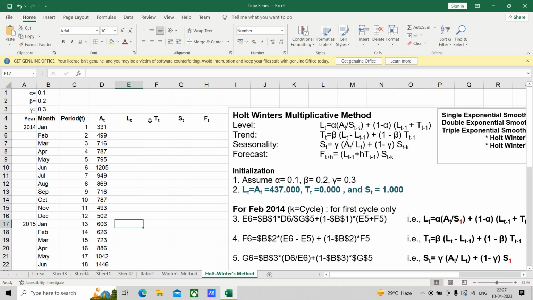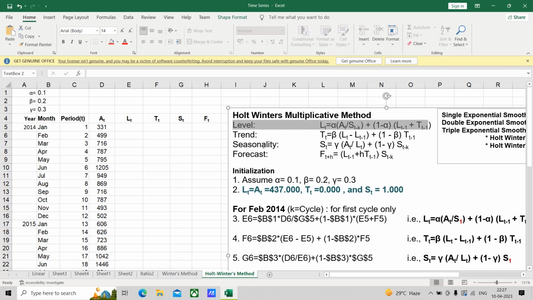Here I have taken fifth column, and this fifth column is the level, that is also known as base. So this level will be calculated by using this formula: Lt equals alpha times At divided by St minus k, plus 1 minus alpha times Lt minus 1 plus Tt minus 1.